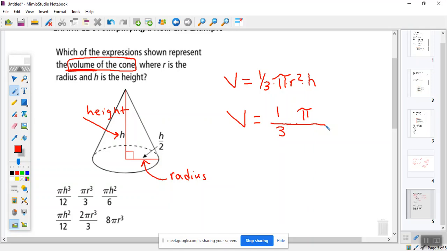So in for r, we're going to plug in h over 2, to what power, kids? Second, times the height, h, which is just going to be h. All right, this is a total mess. But I think we're going to get it. Okay? So here's what we get.